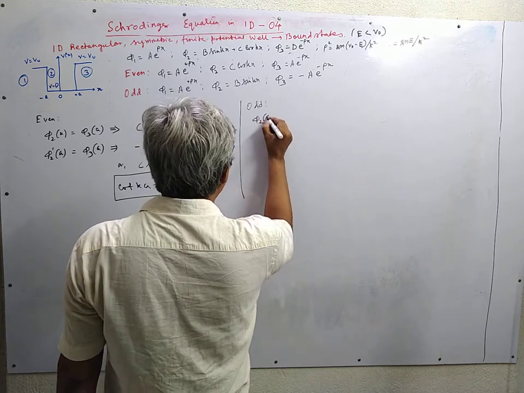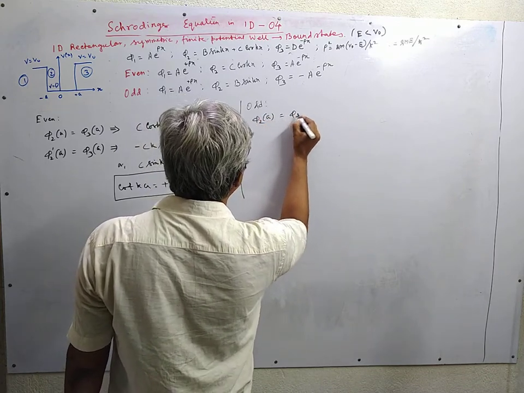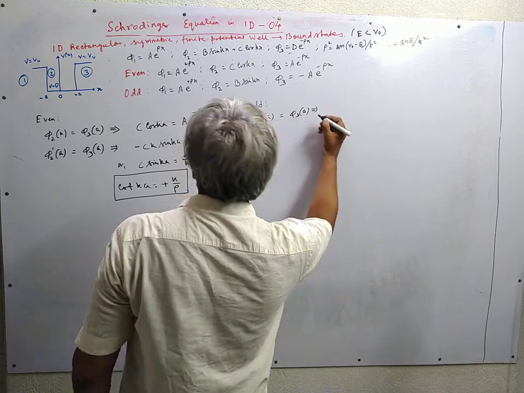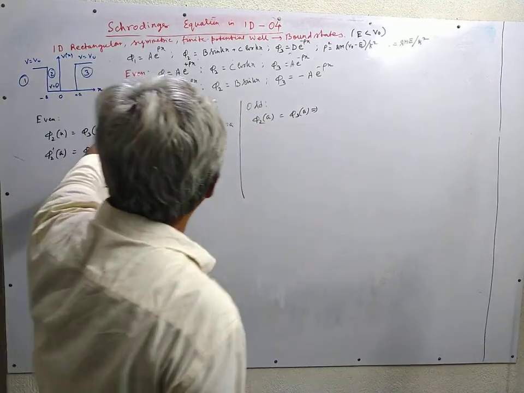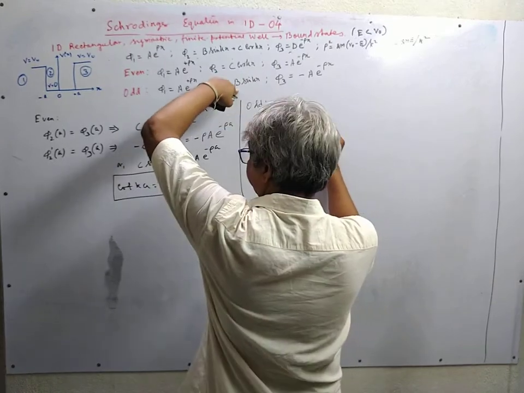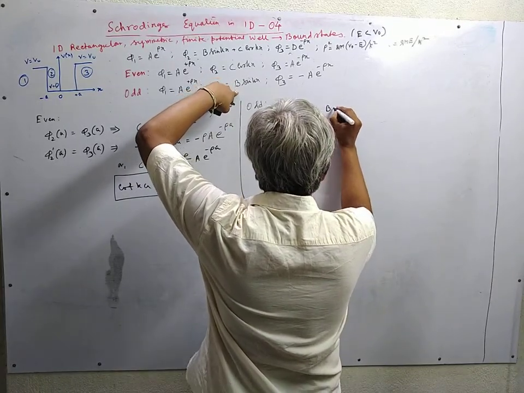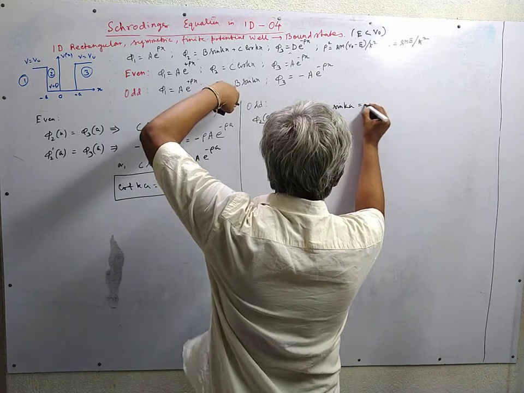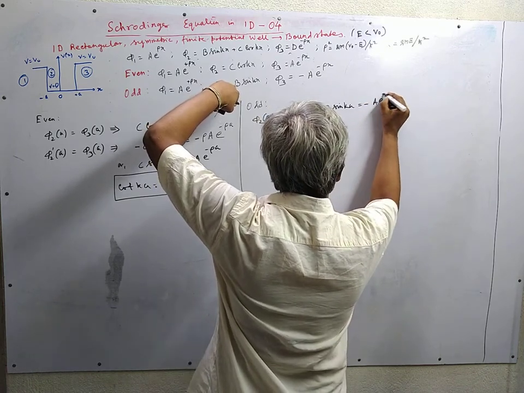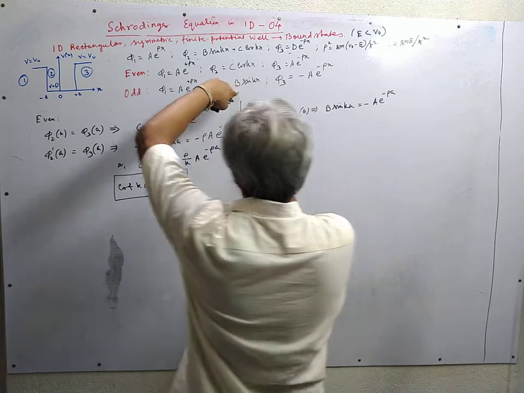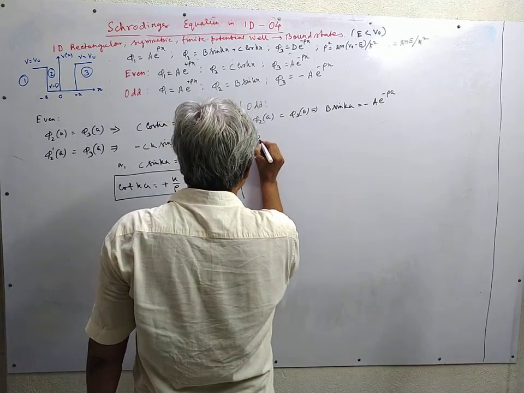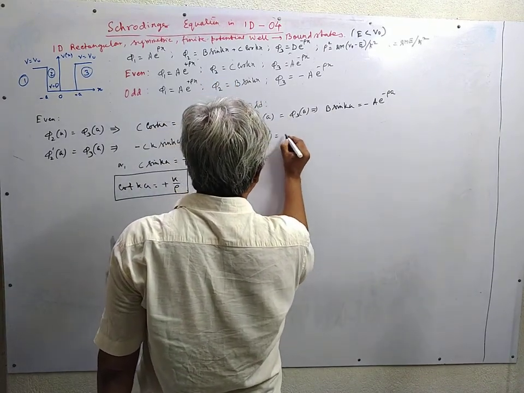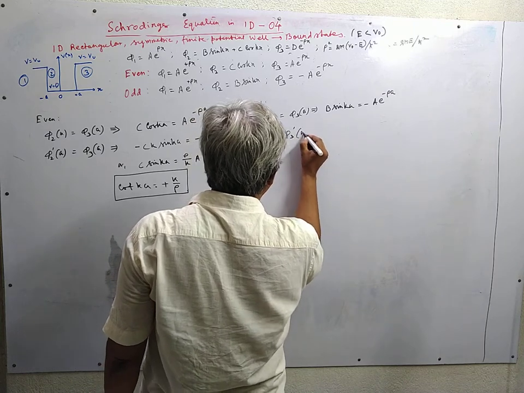Again, phi 2 at a is equal to phi 3 at a. This gives you, for this odd case, B sin Ka is equal to minus A e to the power minus rho a, and phi 2 prime at a is equal to phi 3 prime at a.